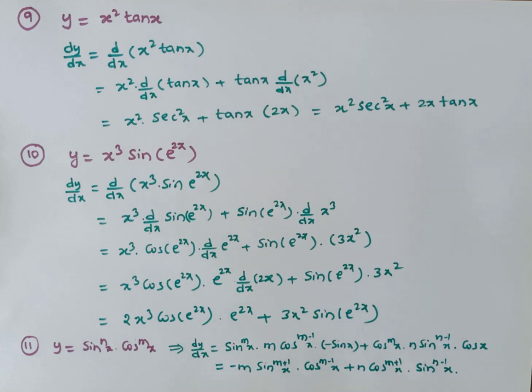If possible, you can take cos power mx and sin power nx common. Sorry, here it is n, this is n. So this is m plus 1. Sin power nx into sin x is sin to the power of n plus 1. I will write it here, look.